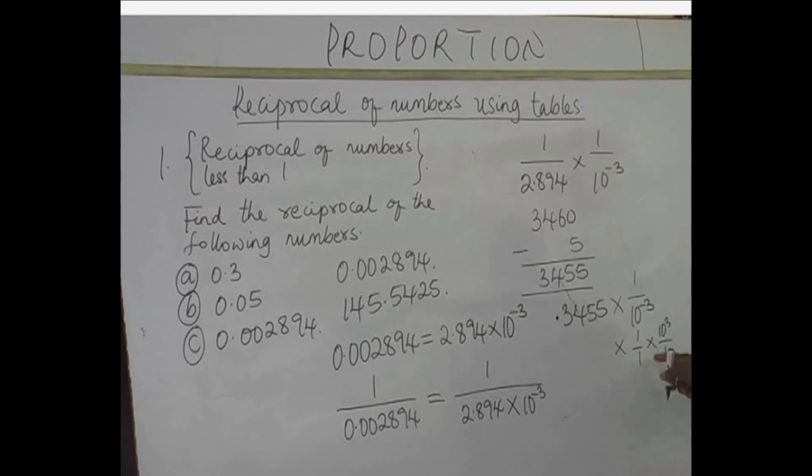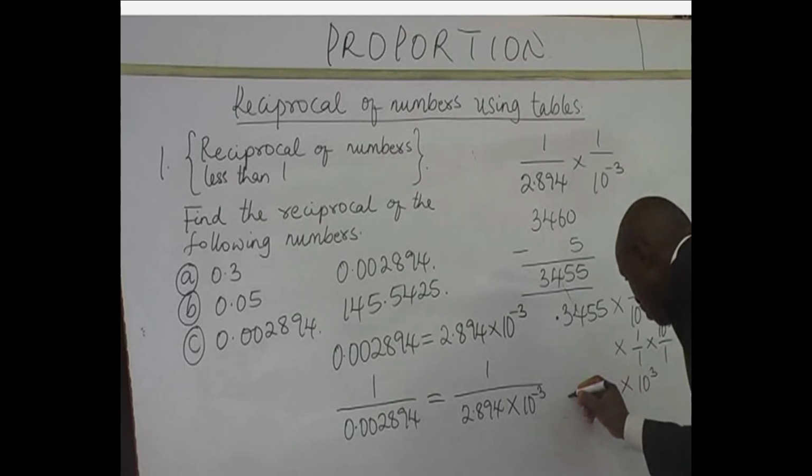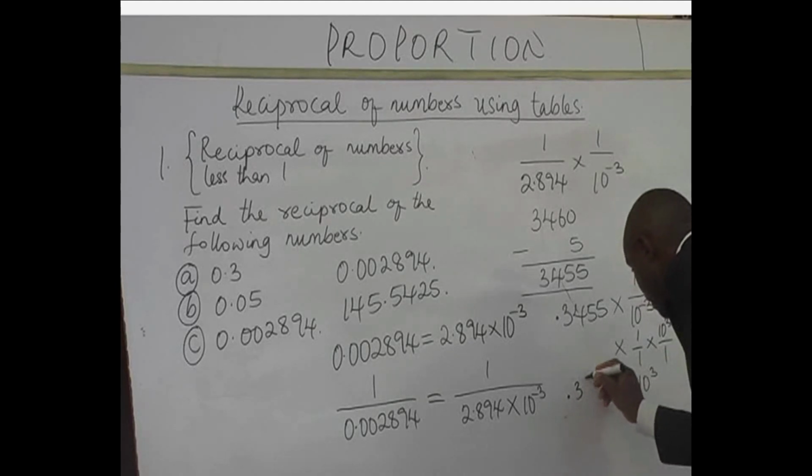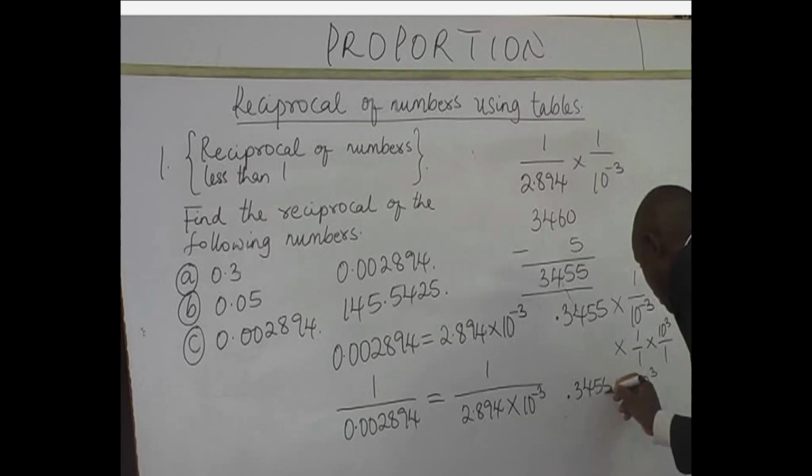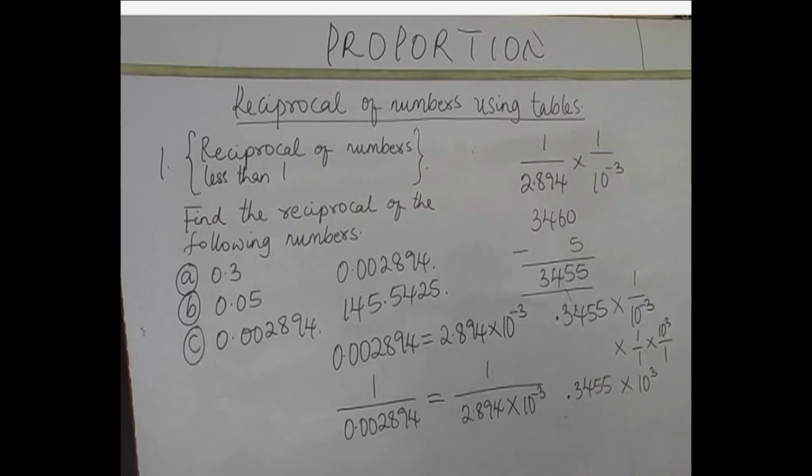You know how I got this. I don't want to break it down because we don't have enough space. Which is giving us 10 exponent 3 to be multiplied to 0.3455 we already had. 10 exponent 3 means 10 times 10 times 10, and it will give you 1000. Because 10 times 10 is 100. 100 times 10 is 1000.